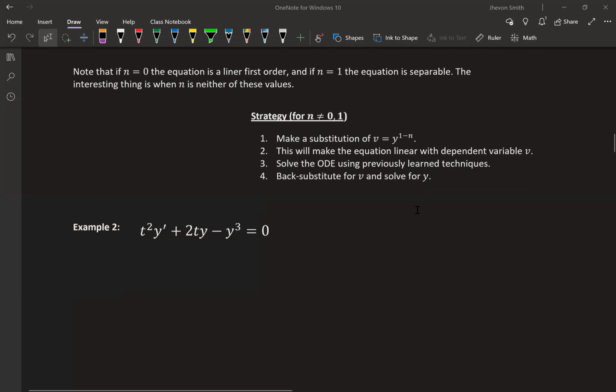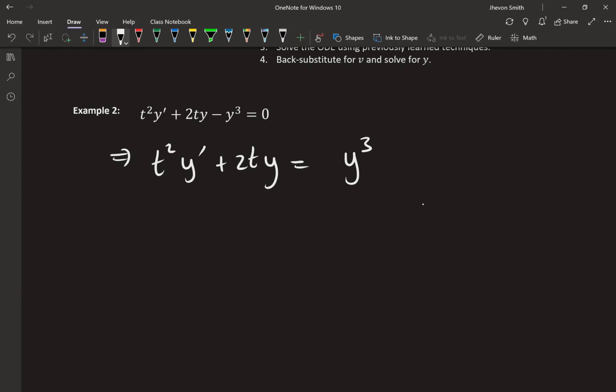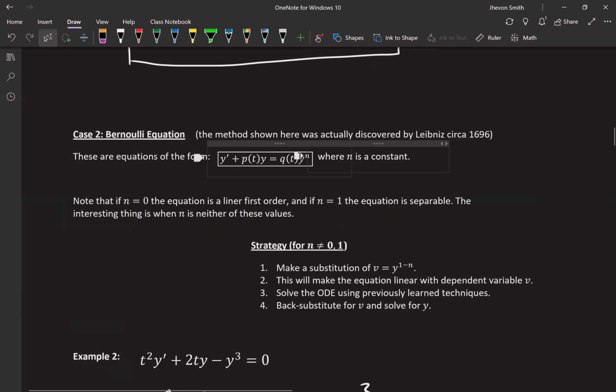So here's a situation. Notice that this guy here, I can think of it as y prime plus 2ty equals y cubed. So here, notice that this is Bernoulli with n equals 3. Okay, so this looks like this definition here.